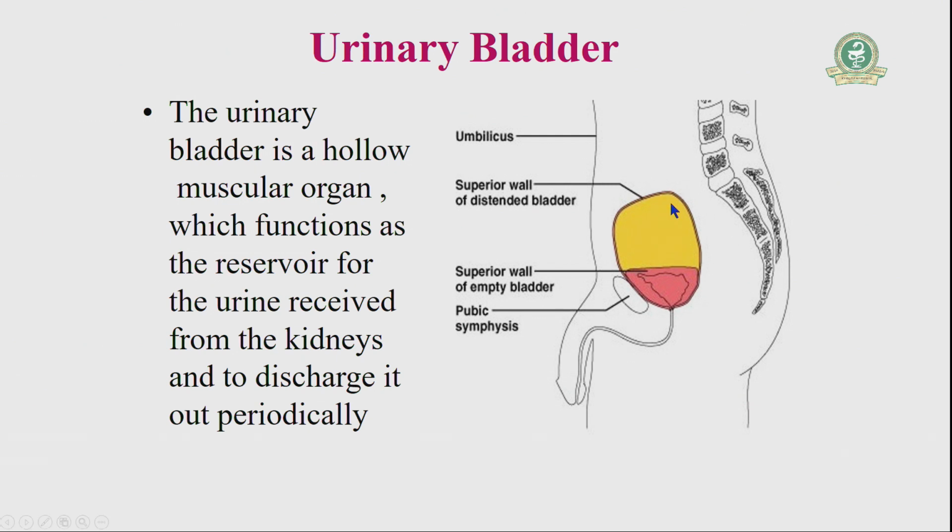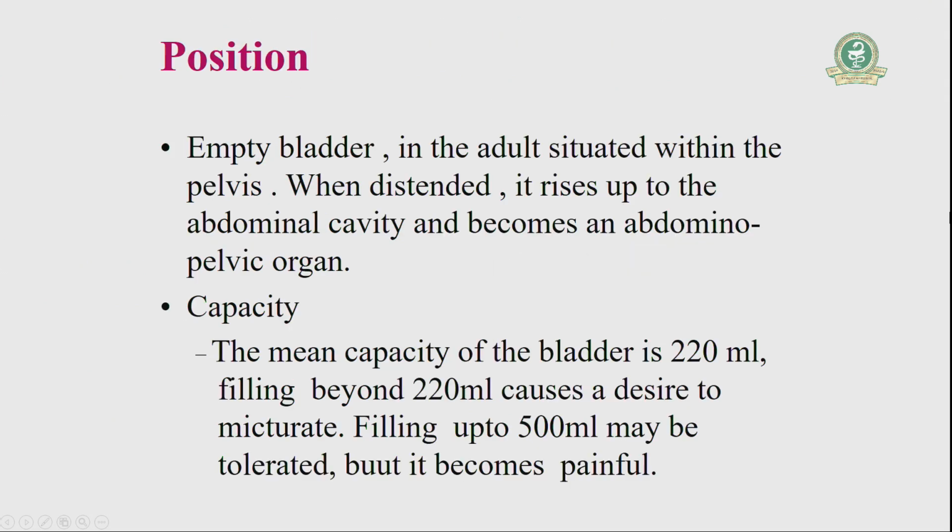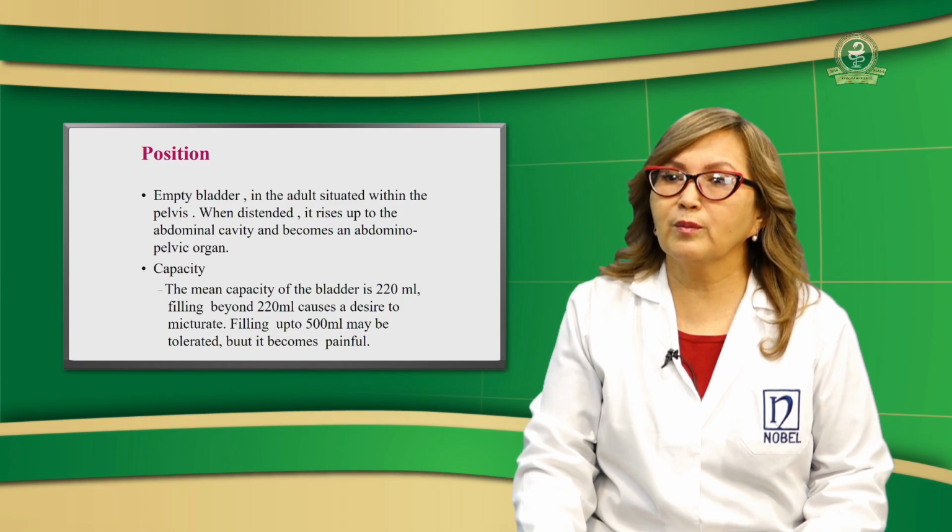Superior part of the bladder and superior wall of the empty bladder. Position. The empty bladder in the adult is situated within the pelvis. When distended, it rises up into the abdominal cavity and becomes an abdominopelvic organ.